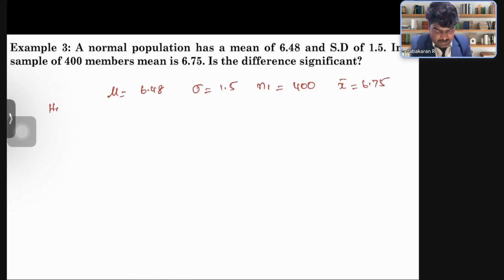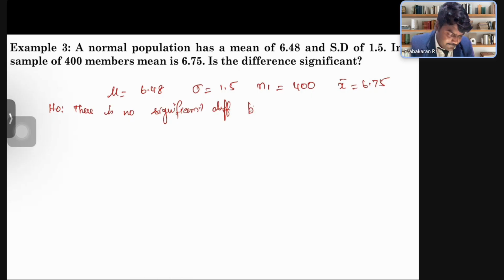So that we can write H0 as, there is no significant difference between sample mean and population mean.